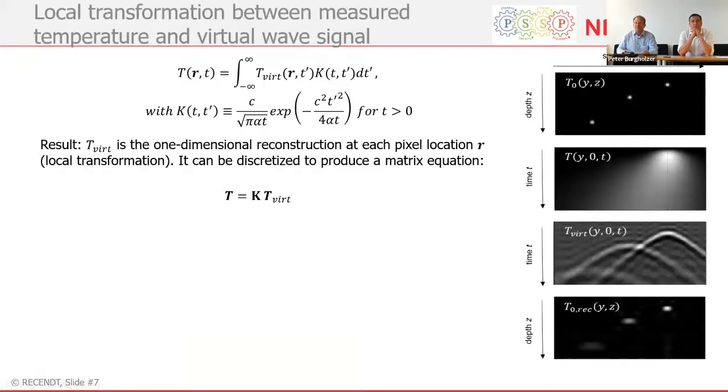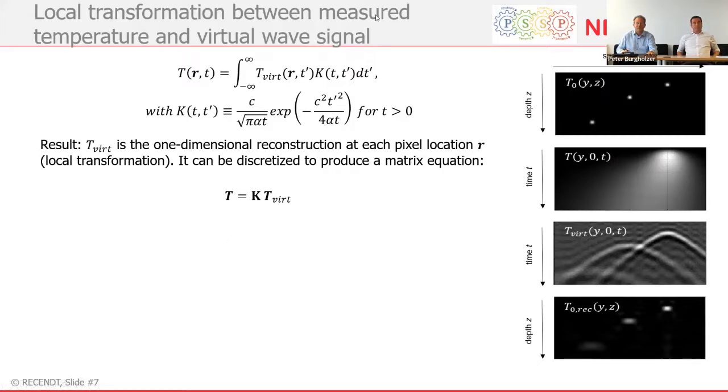So maybe I have to move this a little bit, so now it works better for me. What I have told before, when we can take an image with an infrared camera of the surface temperature, let's call this temperature T here. And we can transform it to a so-called virtual wave.